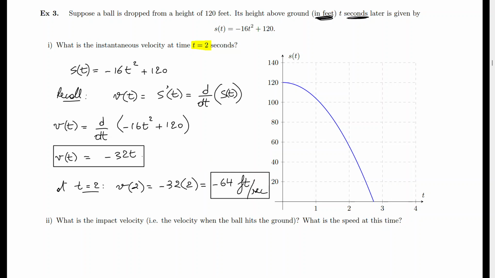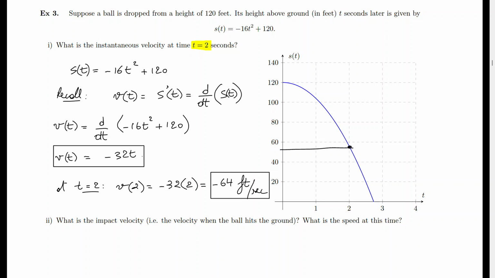So it seems that the ball that we dropped is going down, which kind of makes sense. It's been dropped from 120 feet above ground. And so the negative tells me that the direction of the ball is down. And so we can see from the graph that it's about, let's say, 55 feet above ground, right?